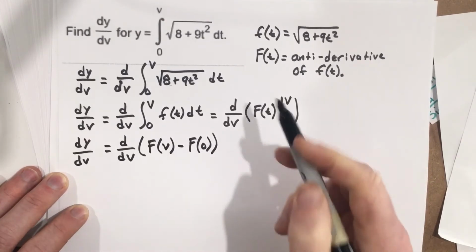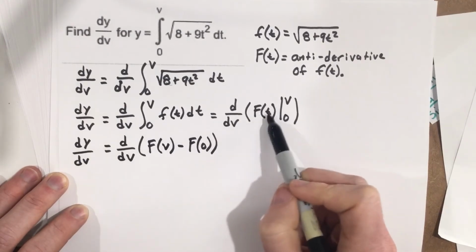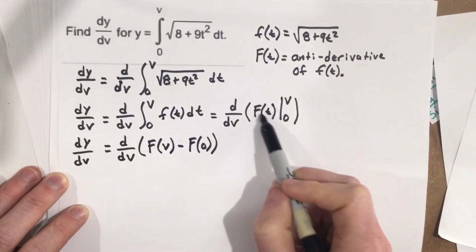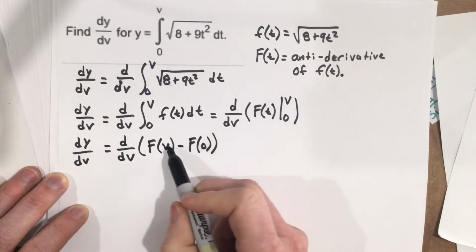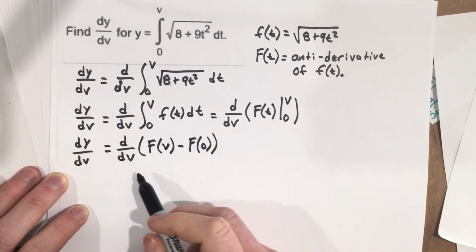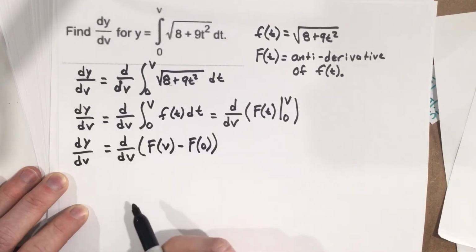So all we're saying here is that our original function, when we integrate it, we get this capital F of t, this different function, and we have to plug in our limits. There are our v and our 0, and now we're just going to take the derivative of this.